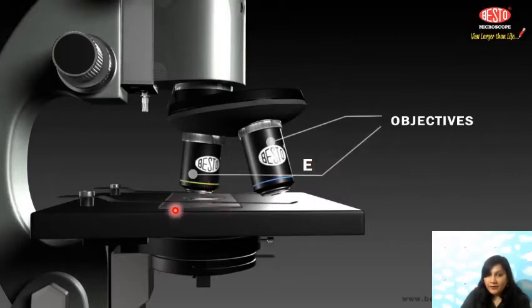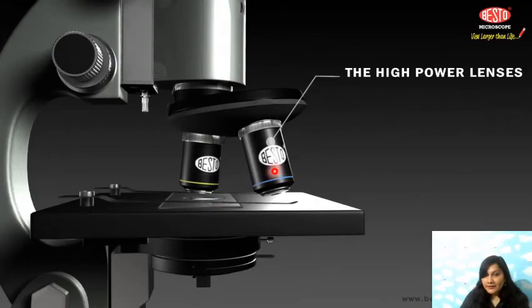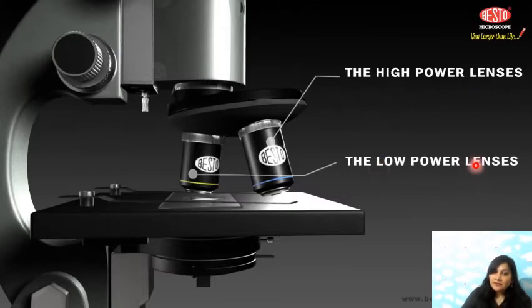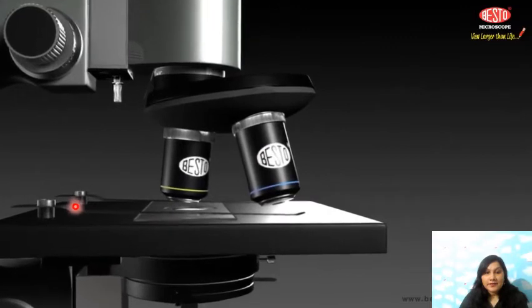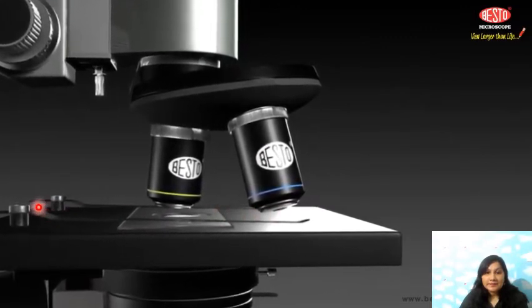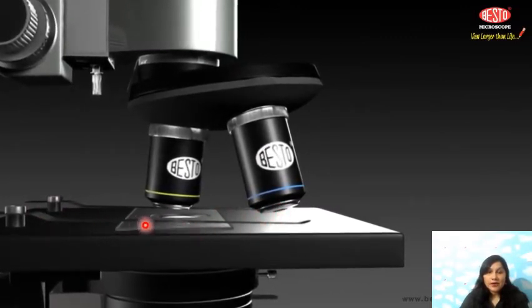This is a slide over which we have kept our object that has to be studied. This is the high resolution power objective lens. This is the low resolution power objective lens. These are the stage clips. This is used to hold the slide over the stage.